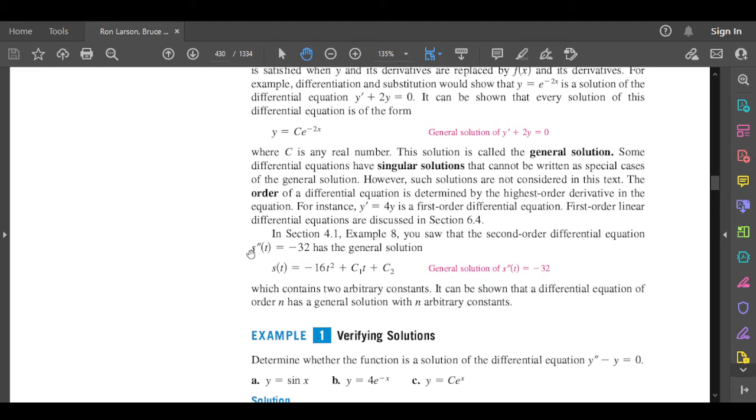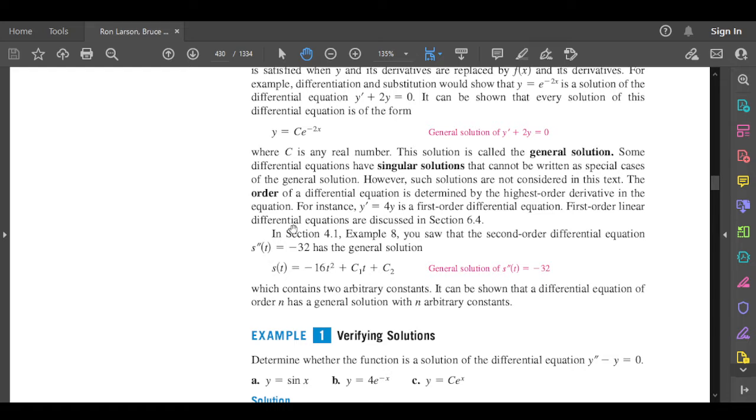Then this one is the second order differential equation, s double prime. As you can see, this is a double derivative, so the second derivative is the original function. So the question here is, what is the original function whose second derivative is this one? Okay, so that original function is the solution to this general equation.